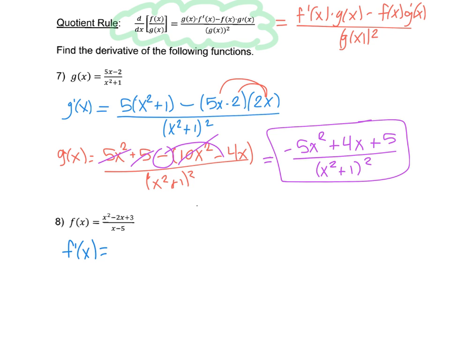Derivative of my numerator, since we are just applying power rule, would be 2x minus 2 times the denominator, which is x minus 5, minus the original numerator, x squared minus 2x plus 3, times the derivative of the denominator, which in this case is just 1, which is nice because then I don't have to multiply this by anything.